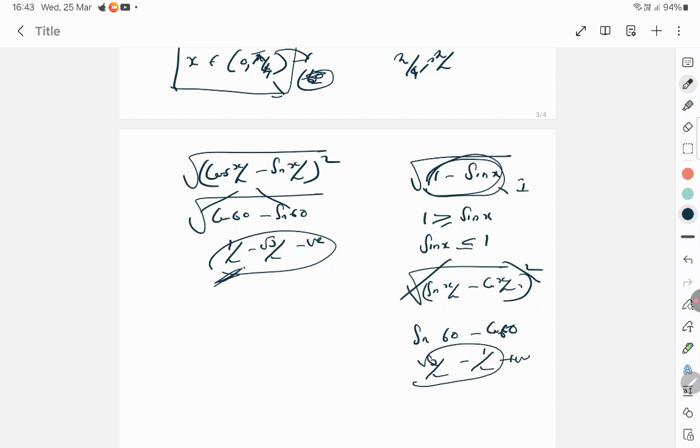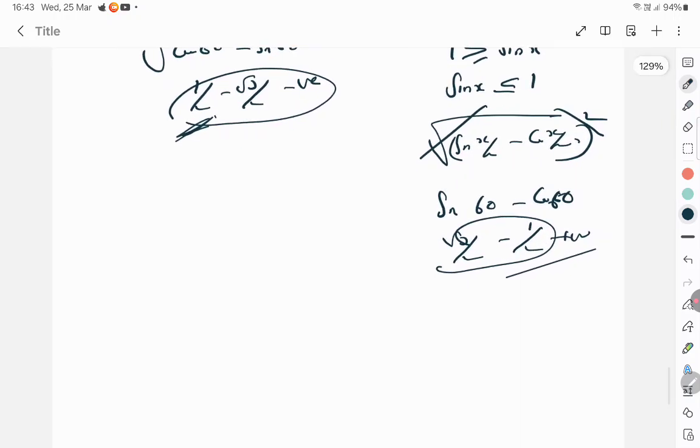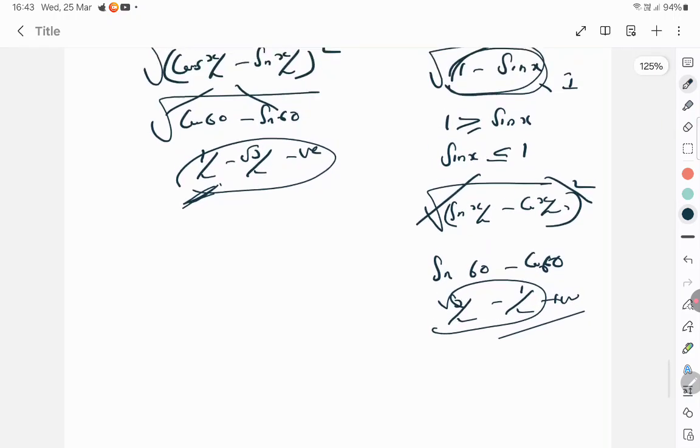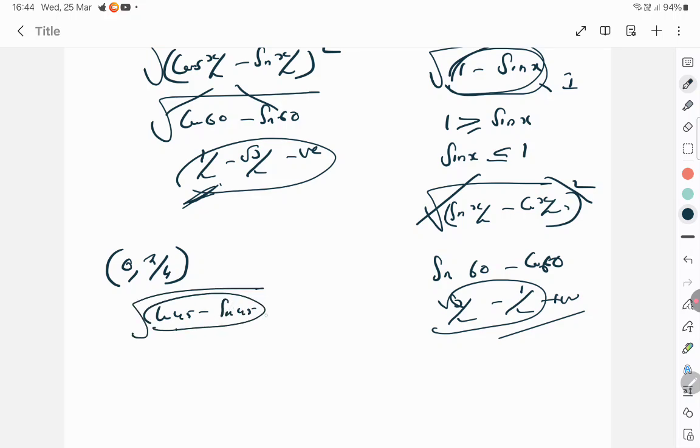You're getting a positive answer. This is okay. So depending on the interval, this is something extra that I'm teaching you here; people who can follow, otherwise later I'll explain. When it is lying between 0 and pi by 4 as given in the question, it's fine. Cos 45 minus sin 45 is 0. 0 is possible, or it has to be a positive value.